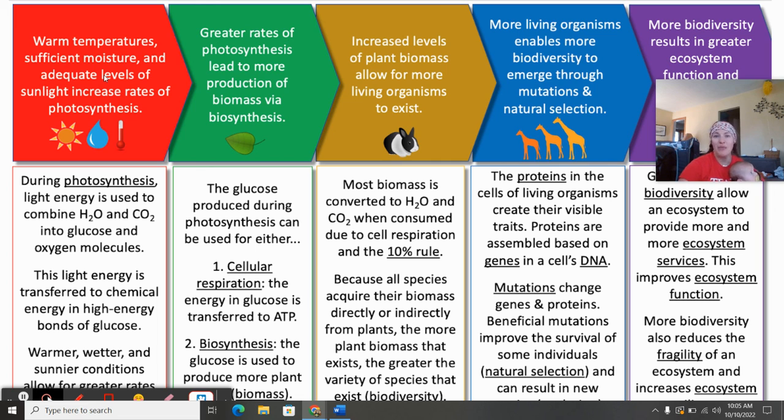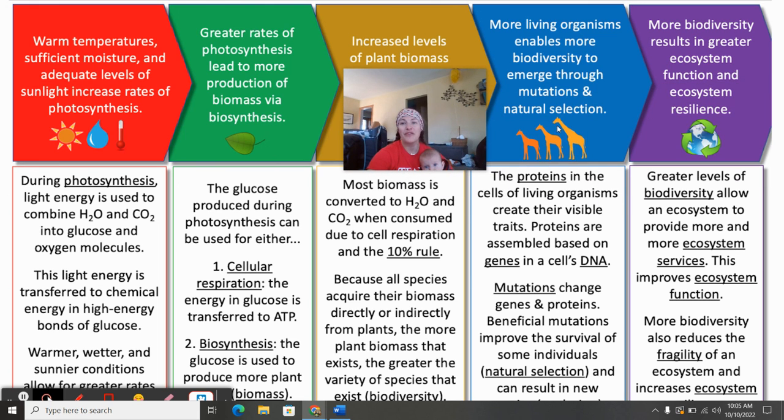These increased levels of plant biomass allow for more living organisms. More living organisms makes more biodiversity. More biodiversity makes more mutations that can lead to successful natural selection. More biodiversity is greater ecosystem function and ecosystem resilience.